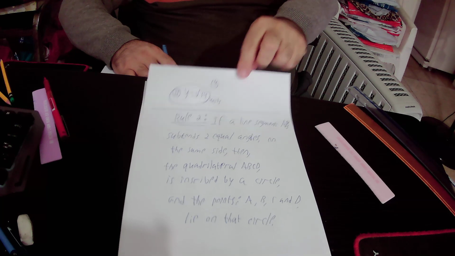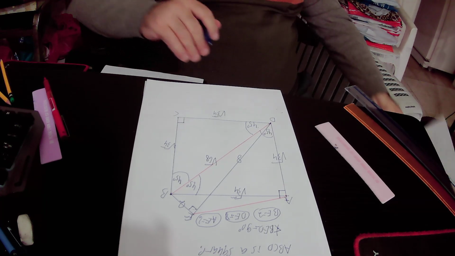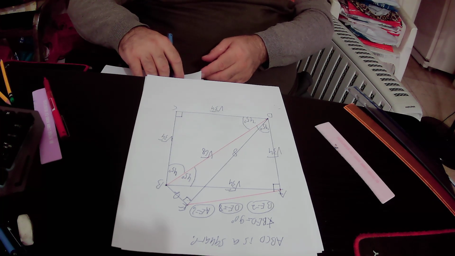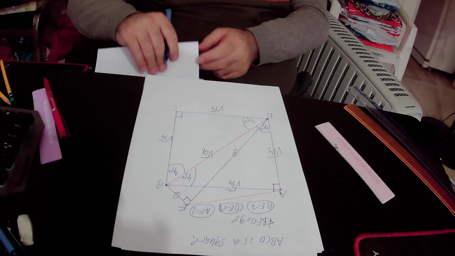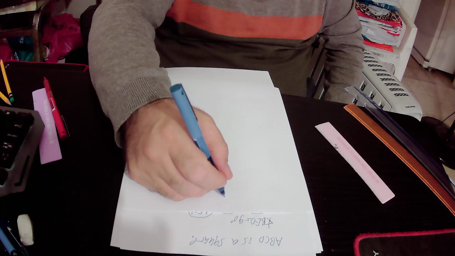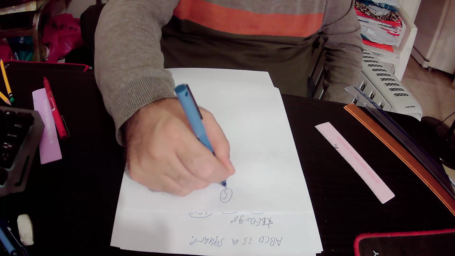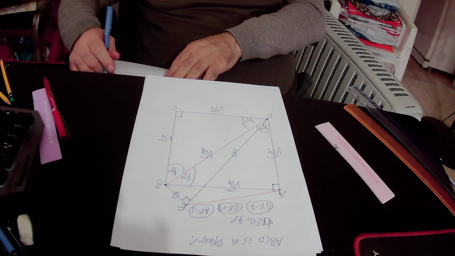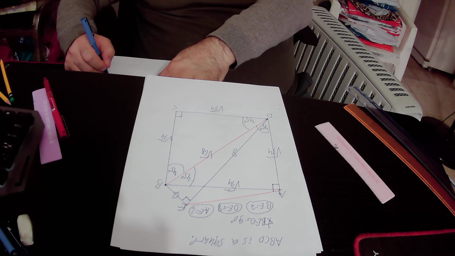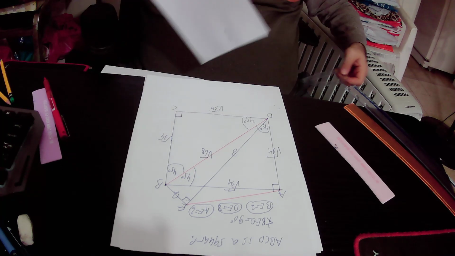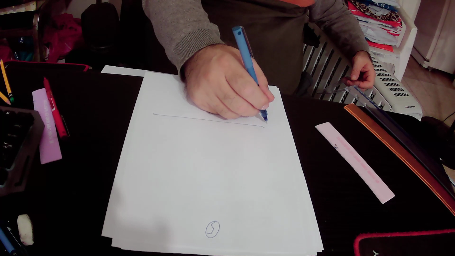So what is the meaning of rule number 2? The meaning of rule number 2 is that if you have line segment AB. So we have line segment AB.